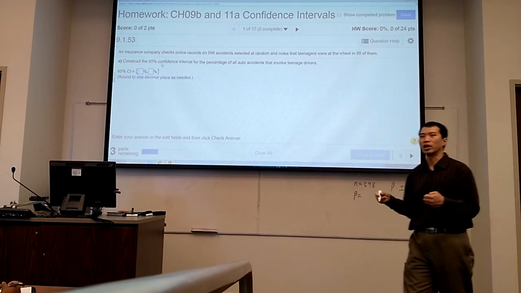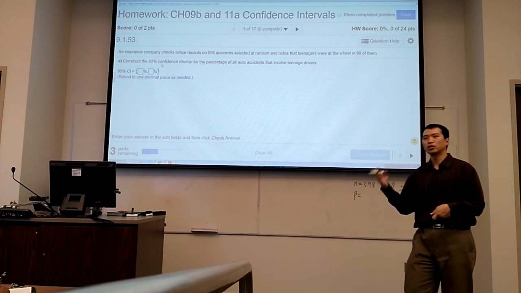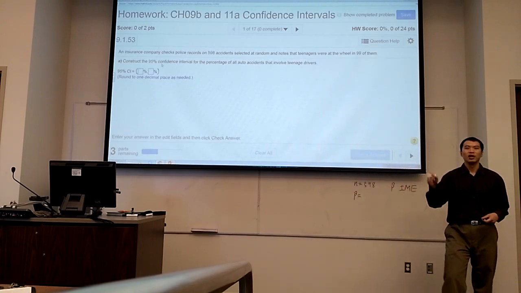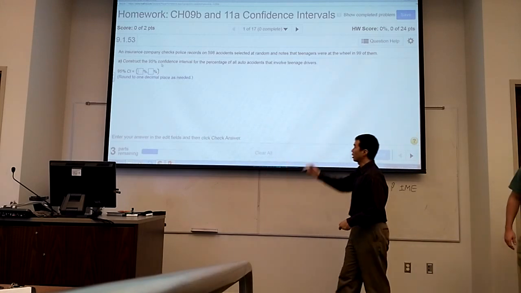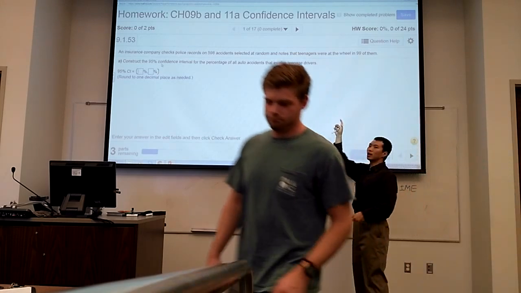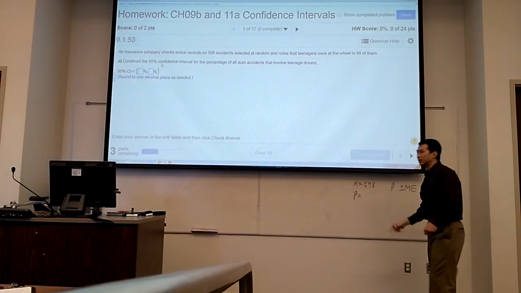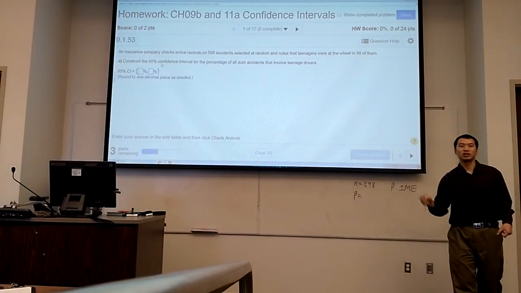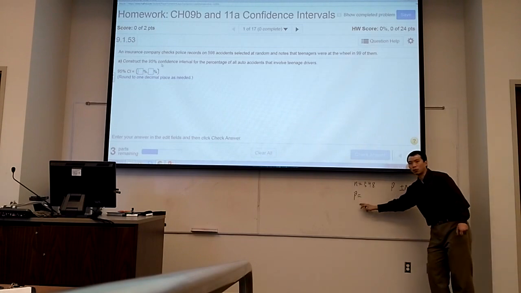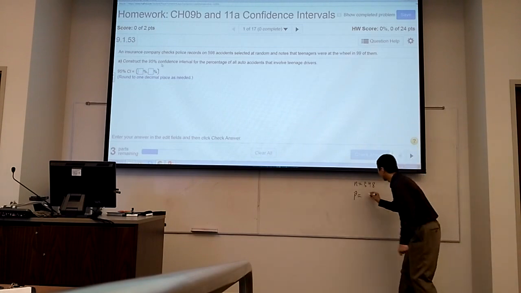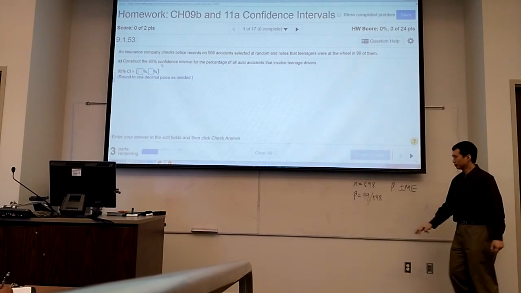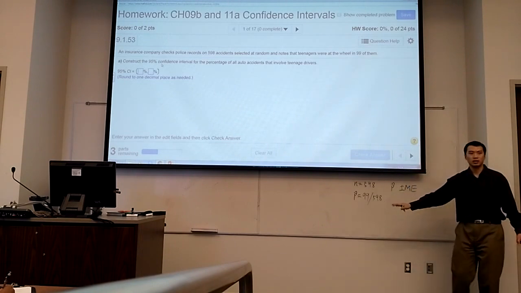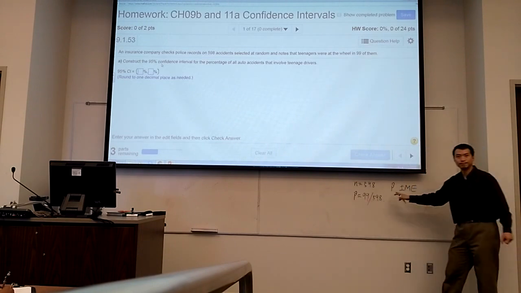What is the event we are interested in? The number of accidents that involved teenage drivers. 99 out of 598 accidents involved teenagers, so this proportion is 99 over 598. This is our sample statistic, our estimate.